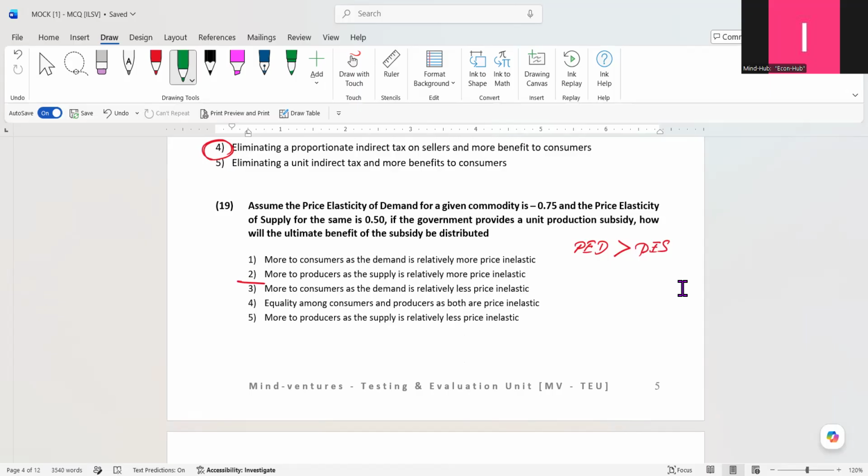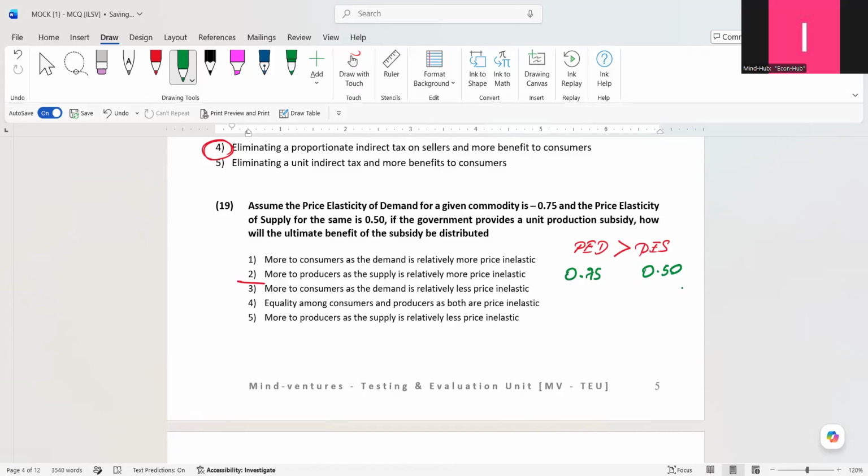If the government provides a unit production subsidy, how will the ultimate benefit of the subsidy be distributed? Here both demand and supply are inelastic, but demand, at 0.75, is more elastic than supply, at 0.50.